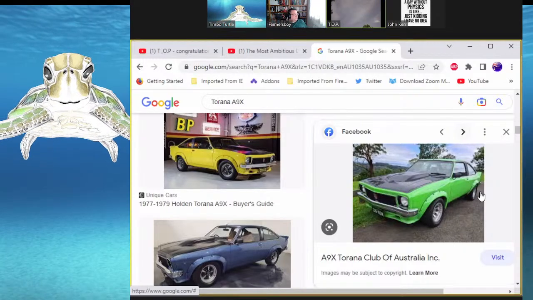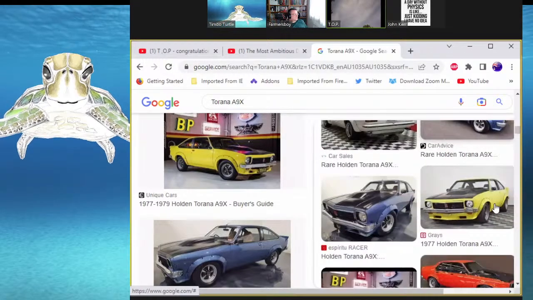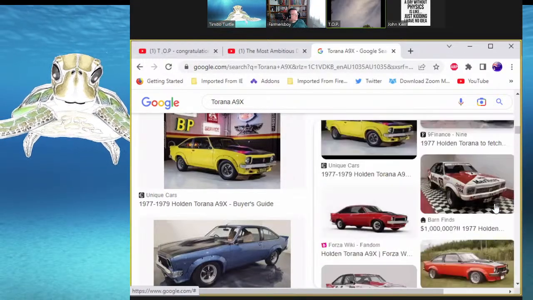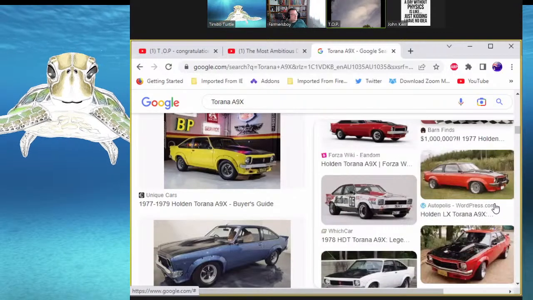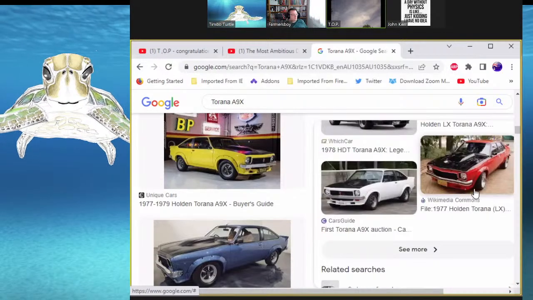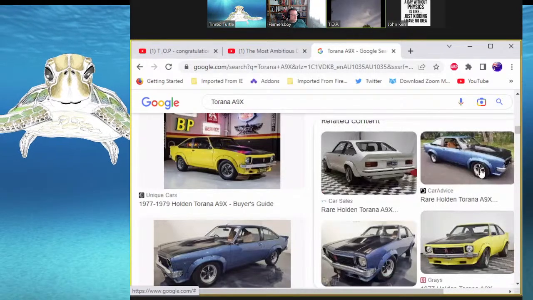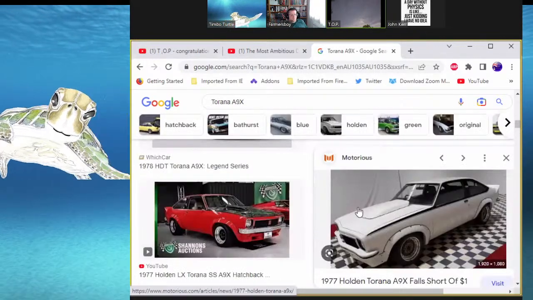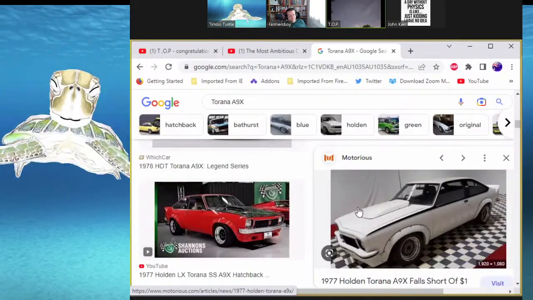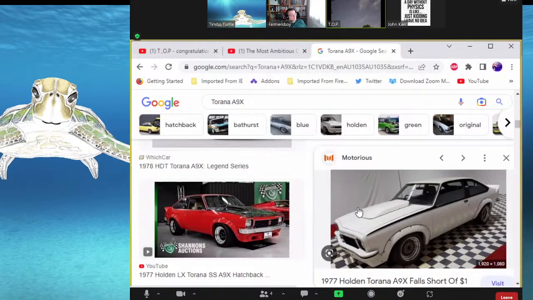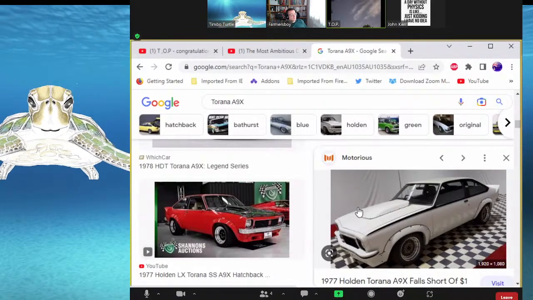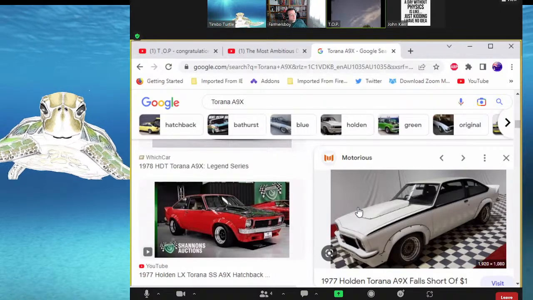Mine's mint julep. Somebody must have bought a green one. No, I think you might have been the only one, Terry. Not in a Tirana though, in an A9X. I don't know. My mum picked the green colour, so blame her. Out of all the colours she could have picked.